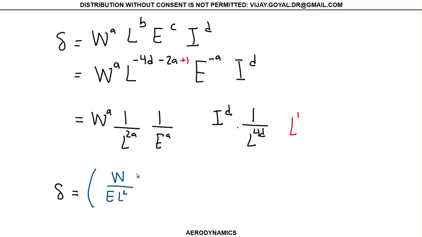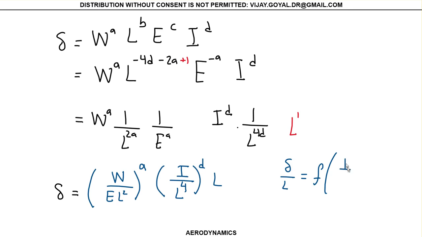Okay, so now we combine the terms and we have W over E L squared to the A, I over L to the 4th to the D, and we have an L. We could take this L and bring it to this side as well, or bring delta to this side, and we could further say delta over L is going to be a function of I over L to the 4th, comma, W over E L squared.